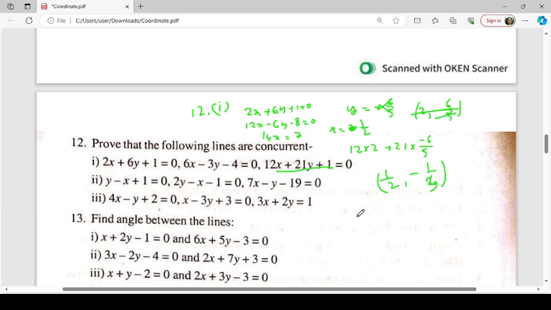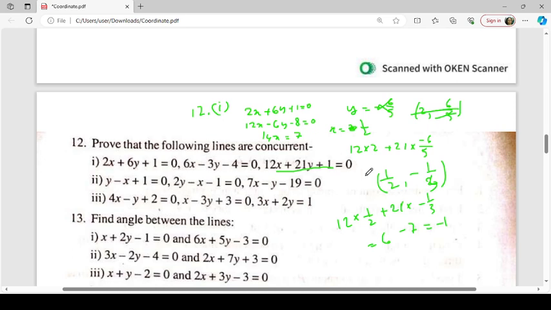So half minus 1 by 3, then 12 into half plus 21 into minus 1 by 3 is equal to 6 minus 7, which is equal to minus 1. So minus 1 plus 1 equal to 0.